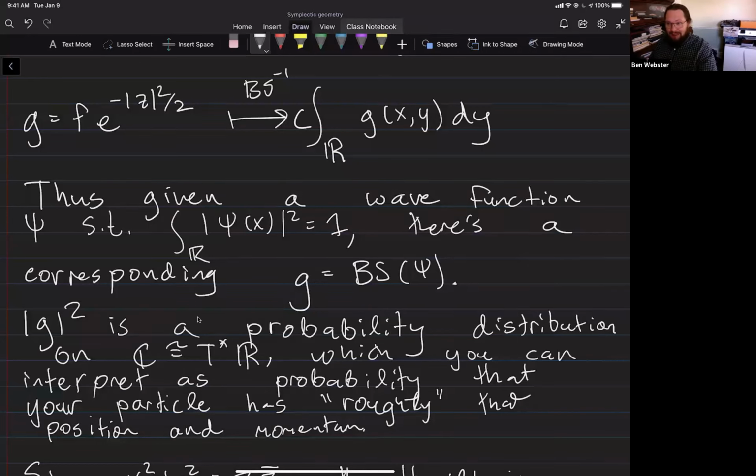It's very tempting to think, oh, this is telling you the probability that your position is X and your momentum is P. And obviously that's insane because there is no such thing. Heisenberg tells you that. But it tells you the probability that your function roughly has that position and momentum.